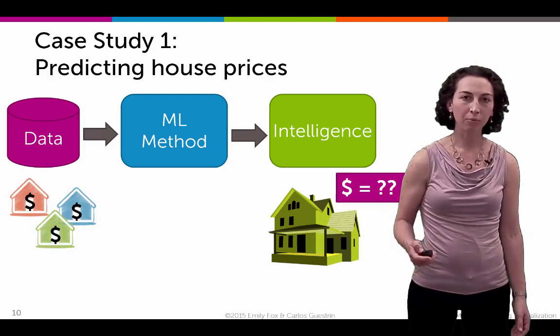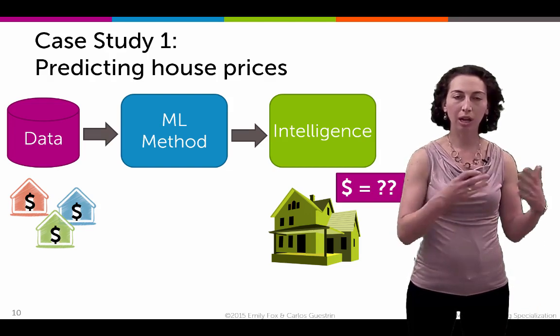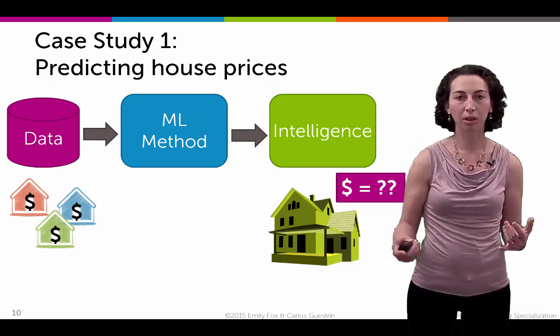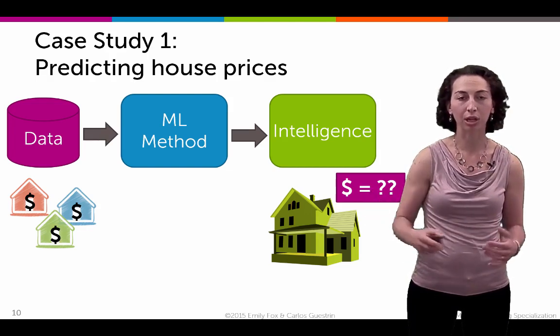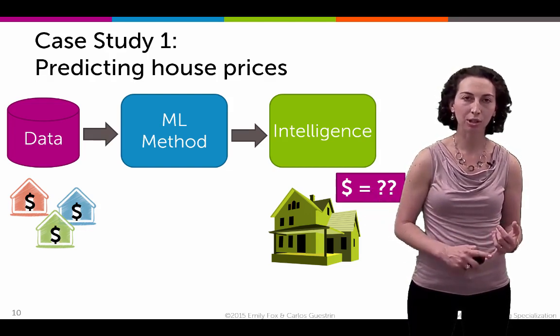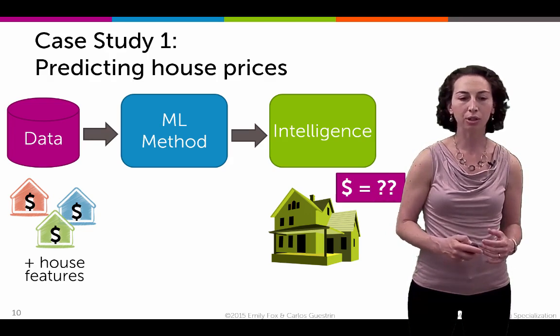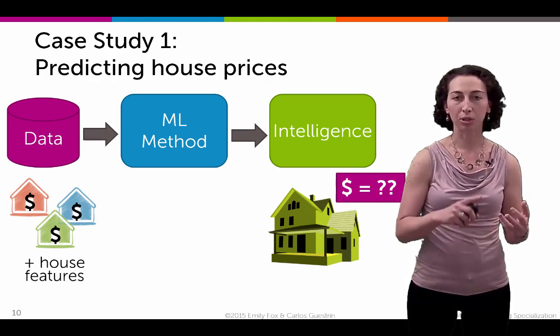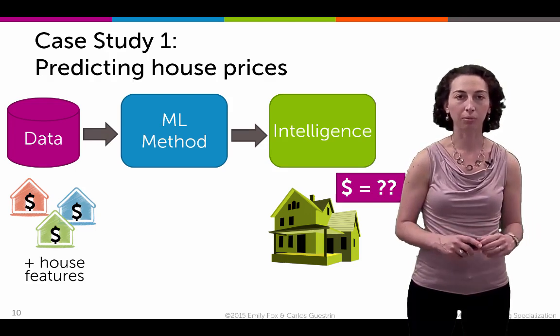And what's our data? Well, in this case, we're going to look at other houses and look at their house sales prices to inform the house value of this house we're interested in. And in addition to the sales prices, we're going to look at other features of the houses, like how many bedrooms the houses have, bathrooms, number of square feet, and so on.